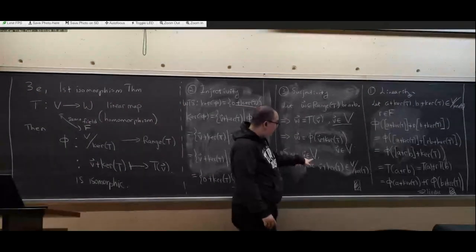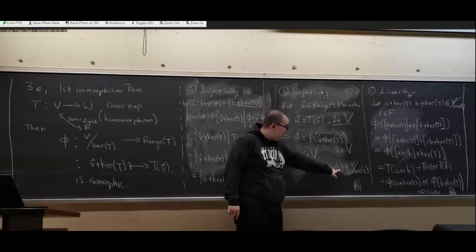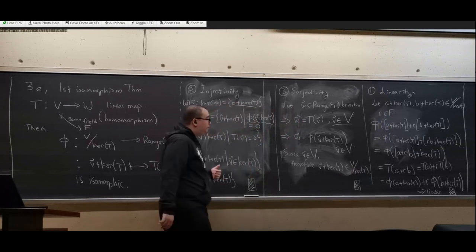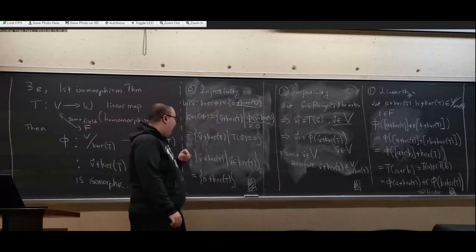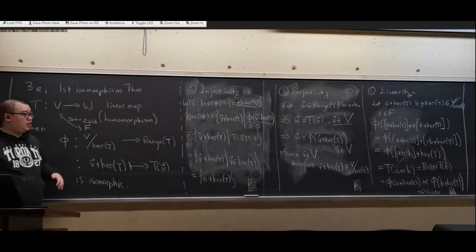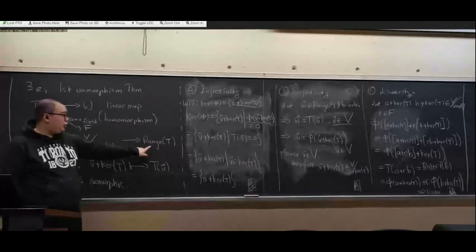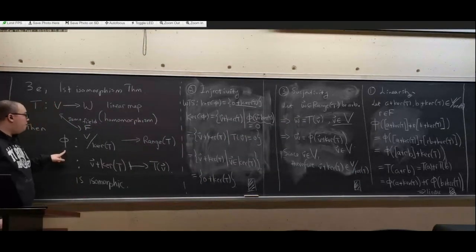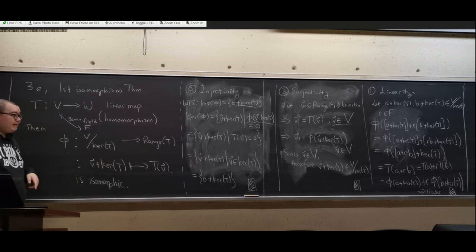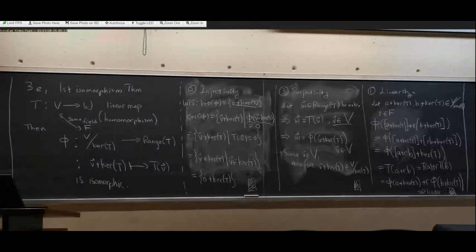Small v in big V means v plus kernel of T is in this quotient space right here. And phi, the domain of phi, is this quotient space. So all I proved is everything in the codomain is the result of some mapping phi of some element in the domain, which is basically the definition of onto, right? Surjective.